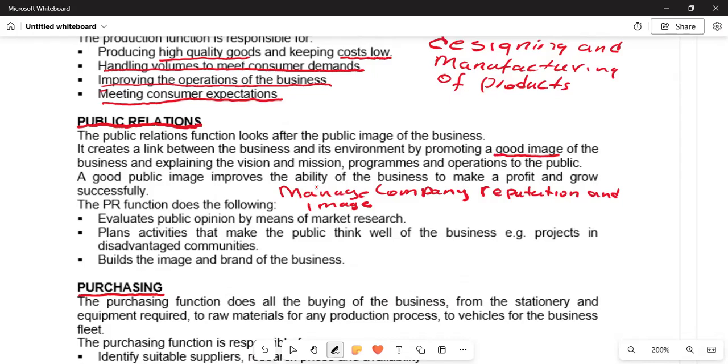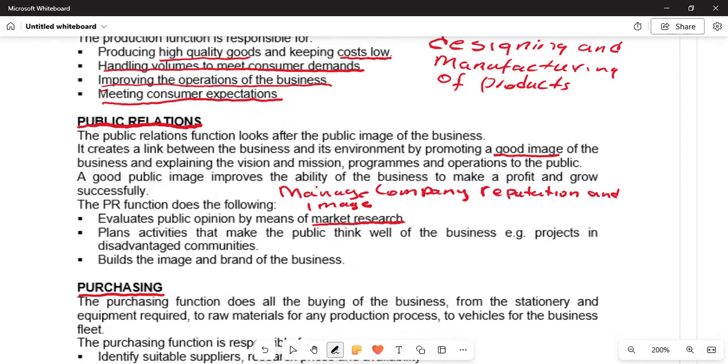So here we are told that the public relations function does the following: evaluates public opinion by means of market research. That is very important. They go out to know what customers need, so that they know what to respect. Plans activities that make the public think well of the business. Issues projects in disadvantaged communities.